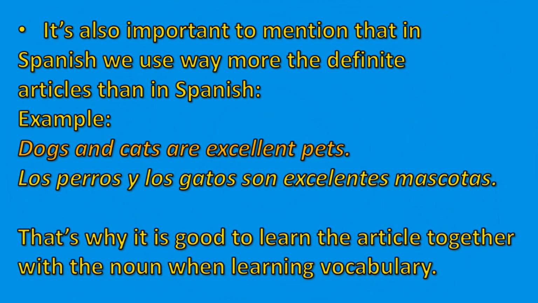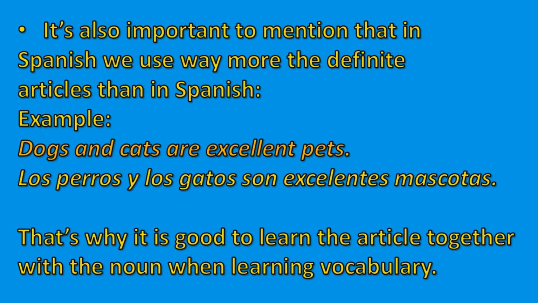It's also important to mention that in Spanish we use way more the definite articles than in English. For example, in English I say, dogs and cats are excellent pets. But in Spanish I use the definite articles. Los perros y los gatos son excelentes mascotas. That's why it is good to learn the article together with the noun when learning vocabulary.